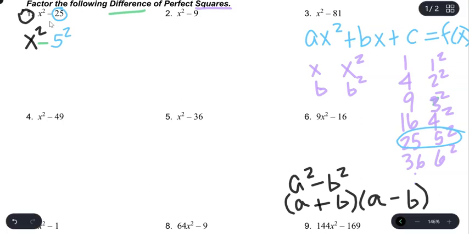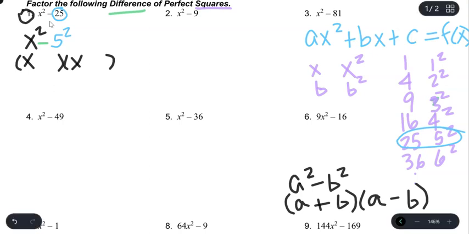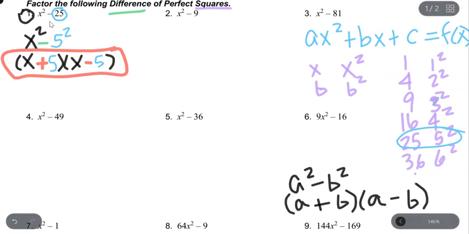So when I write the factors, I'm just going to take each of my perfect squares and split them, x and x, 5 and 5, and then one's addition, one's subtraction. Done. That's it. That is how you do a difference of two squares and factor it.